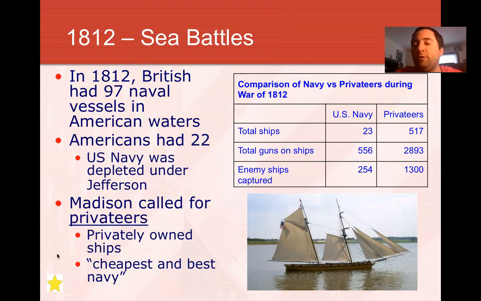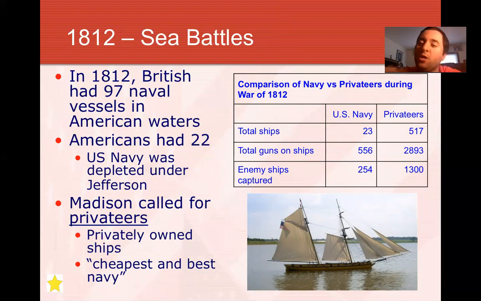This chart here, you can take a moment and jot it down. It's incredible to see. It's comparing the U.S. Navy and privateers during the War of 1812. The U.S. Navy has 23 total ships in 1812. Privateers, 517.